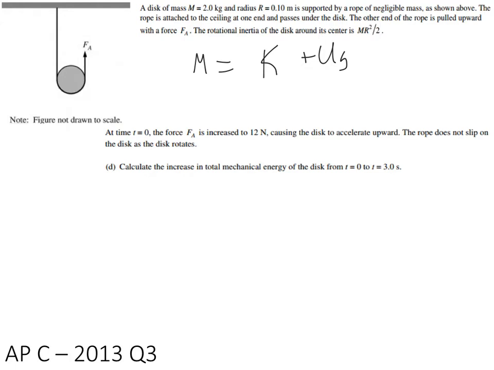So, we already know the mechanical energy of this. That's easy. It's just going to be the kinetic energy after it reaches that height. However, we do have to figure out this. Alright, so let's get this started. First, let's find out what the height is.